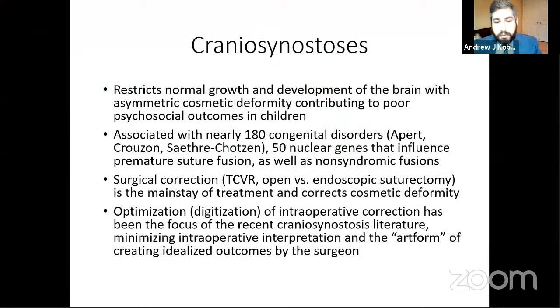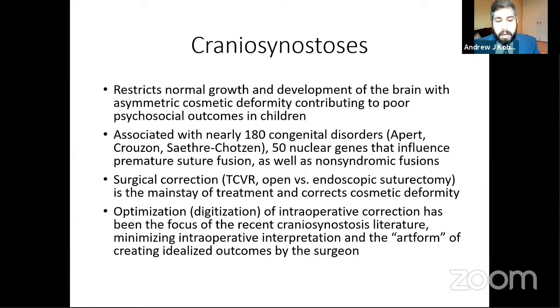Surgical correction, either total cranial vault reconstruction or open or endoscopic suturectomies, are the mainstay of treatment currently and correct this cosmetic deformity. And there are really two paths that our advancement of understanding of these disorders has taken recently. One side is understanding the genetics and creating animal models, which I'll discuss shortly.